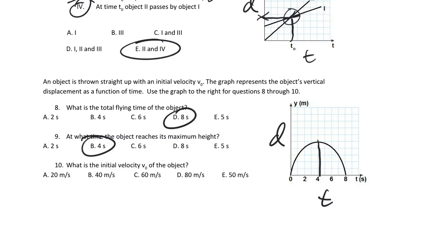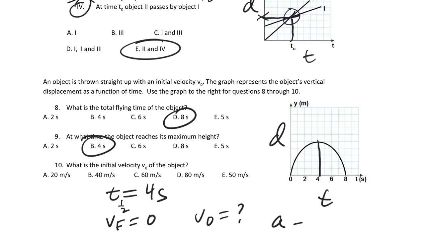What is the initial velocity of the object? Heck, I don't know, but I can figure it out. This is on Earth, which I assume it is. So this goes back to another chapter. So the halfway time is 4 seconds. VF at the top is 0. VO is what I'm looking for. A is -10.